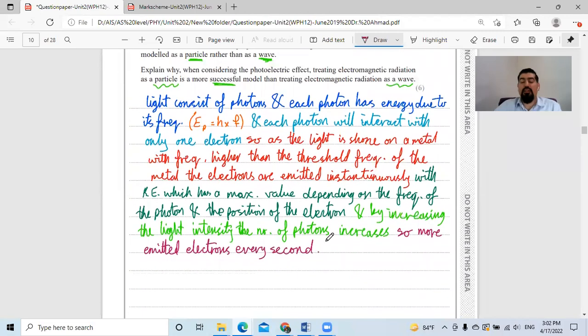All of this is due to what? Due to the particle theory, or due to the particle model.